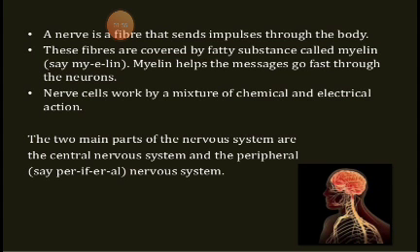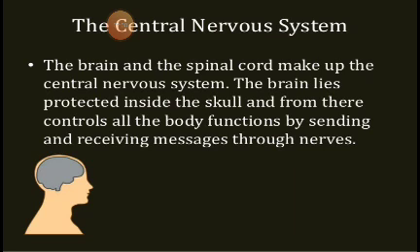The two main parts of the nervous system are the central nervous system and the peripheral nervous system. The brain and spinal cord together make the central nervous system. The brain is protected inside the skull and from there controls all the body functions by sending and receiving messages through the nerves. There are cranial nerves and spinal nerves.